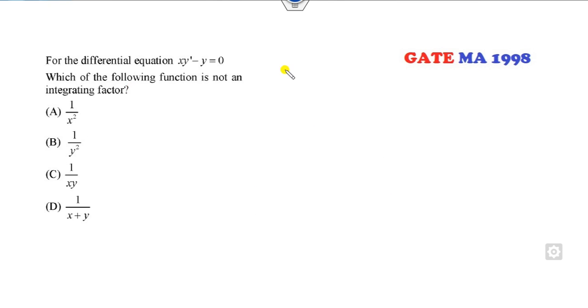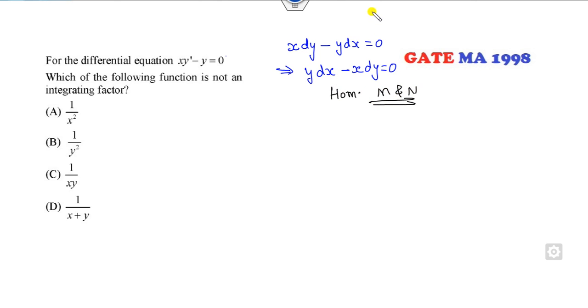Okay, which of the following is the integrating factor here? Again, I can write this equation in dy over dx form. So I can convert it into M dx minus N dy. Now the question clearly says that M and N are homogeneous. So once they are homogeneous, what is the integrating factor?